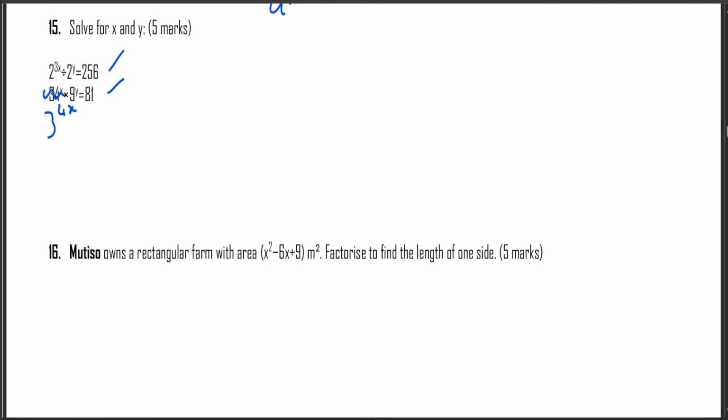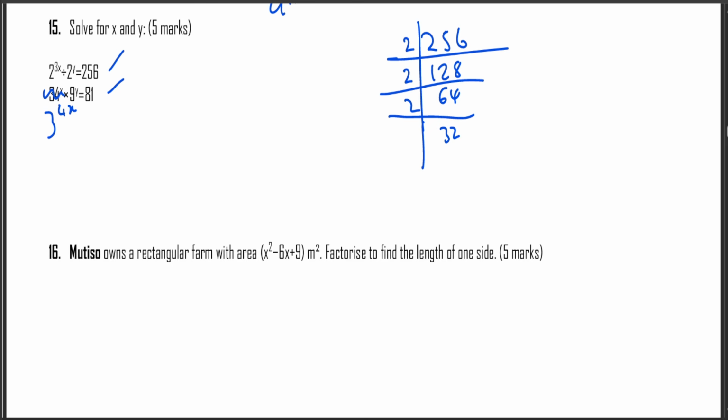You can do this with 256. You can divide by 2. So 256 divided by 2 gives you 128. Divided by 2 gives you 64. Divided by 2 again gives you 32. Divided by 2, 16. Divided by 2, 8. Divided by 2, 4.